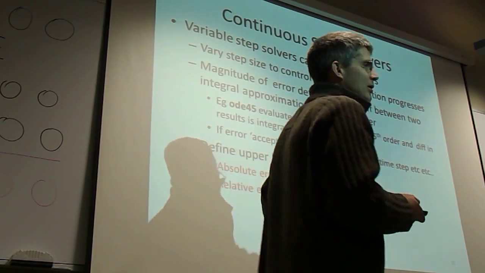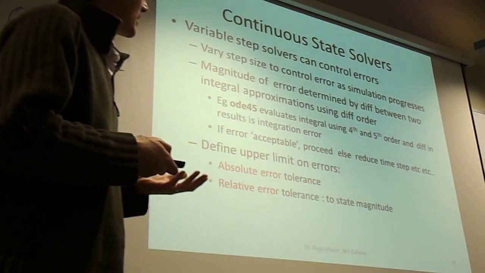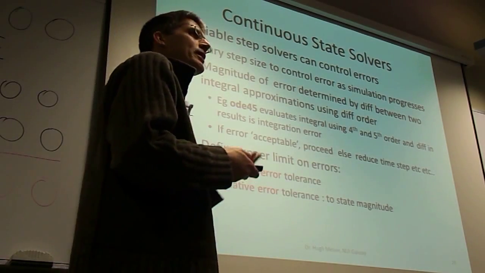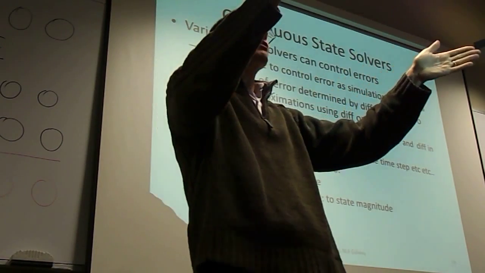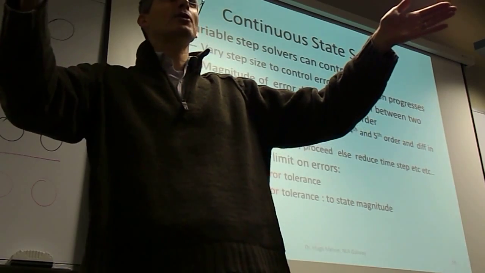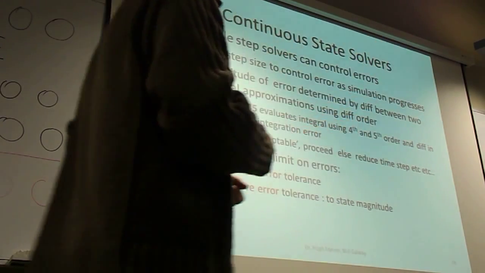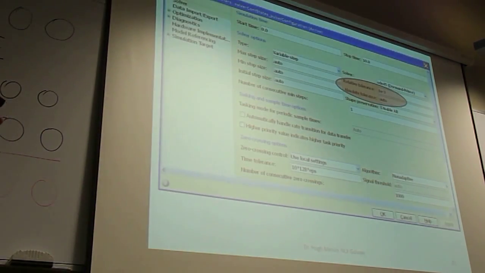And then it says, we call that an integration error. If that error is unacceptable, it means the time step we've taken is too large. We need to reduce the time step. So we looked at this.